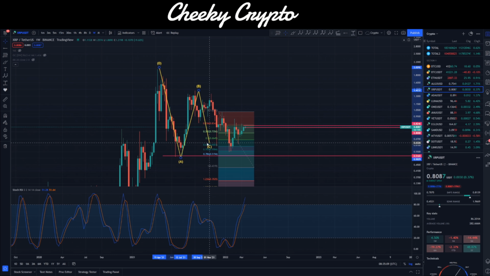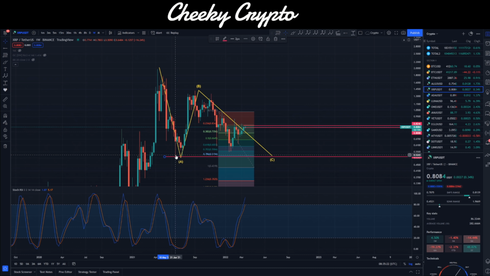But I think it's very unlikely that we're going to come down lower than this point here. There's a minimum requirement to come down to at least the A wave low, which would be just about approximately here at 50.9 cent. This would be the 786 approximately as well, so a really good bouncing position for XRP.